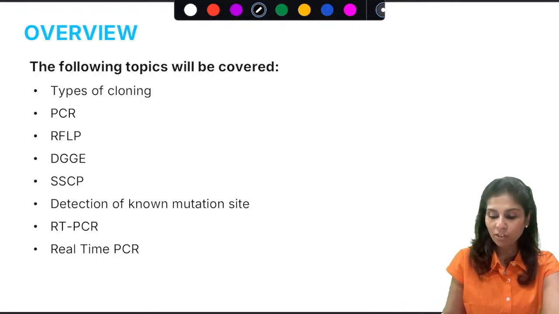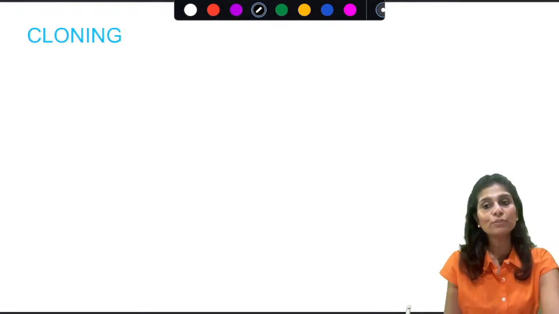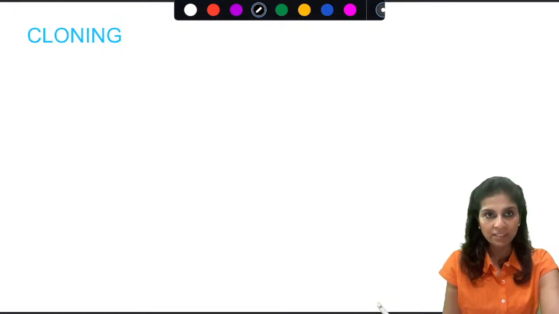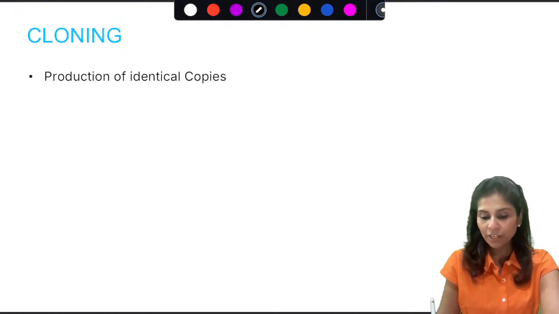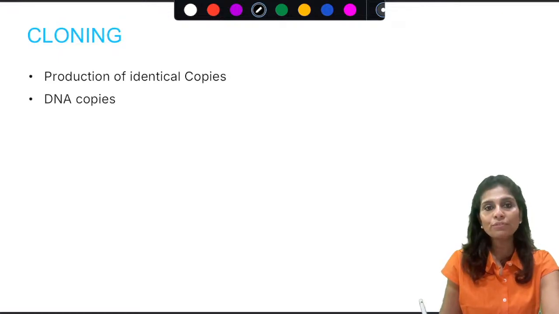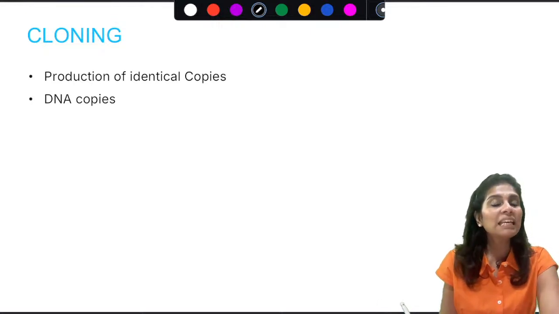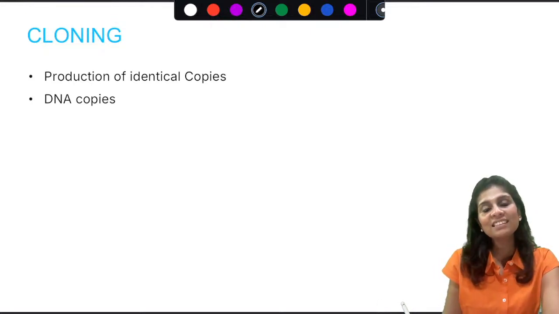Let's start with what is cloning and what are the types of cloning. Cloning is nothing but production of identical copies. So here we are trying to produce identical copies of DNA. Why or when will you want to produce identical copies of DNA? It has got many applications. First, it has got genetic engineering application.